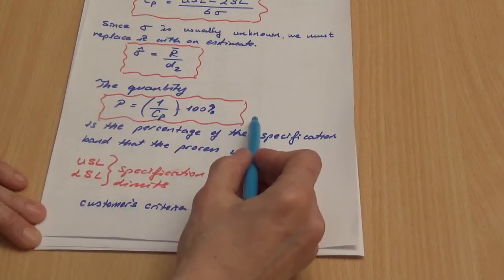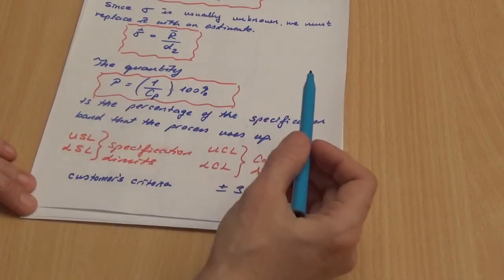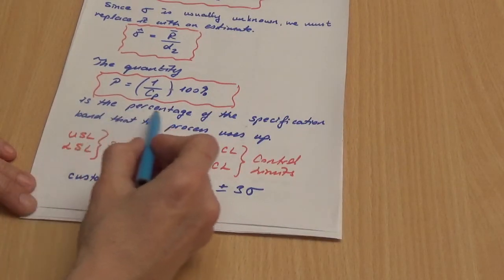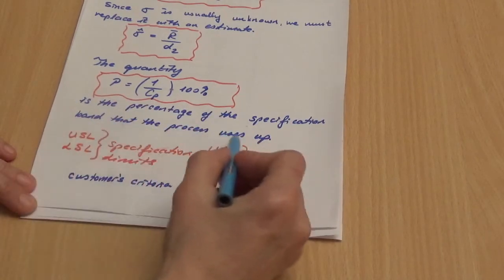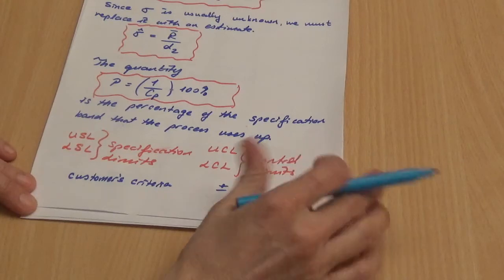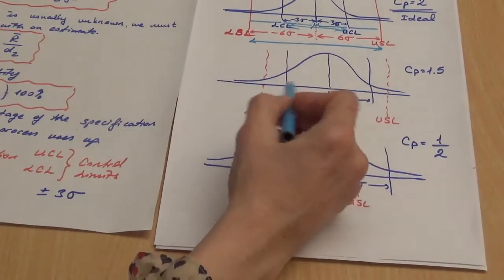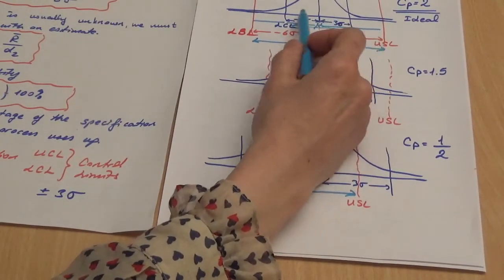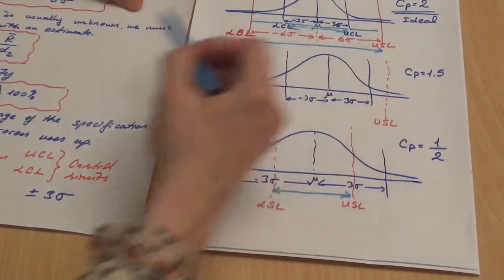Now, what is the result part of this equation? It is the percentage of the specification band that the process uses up. So when we calculate, let's say, this, how much of this wideness do they use here?